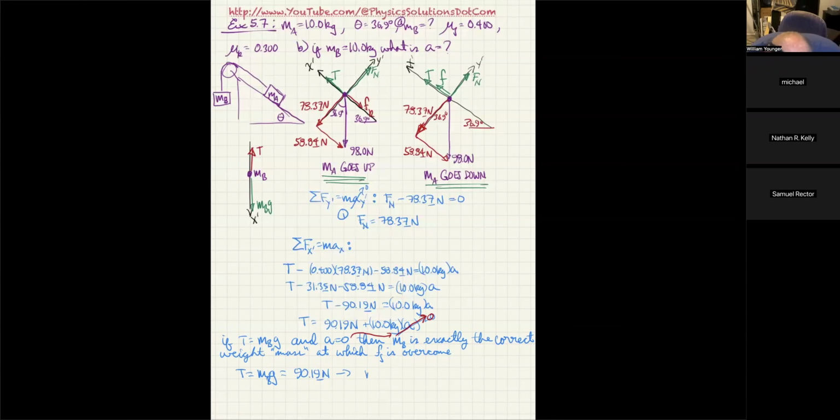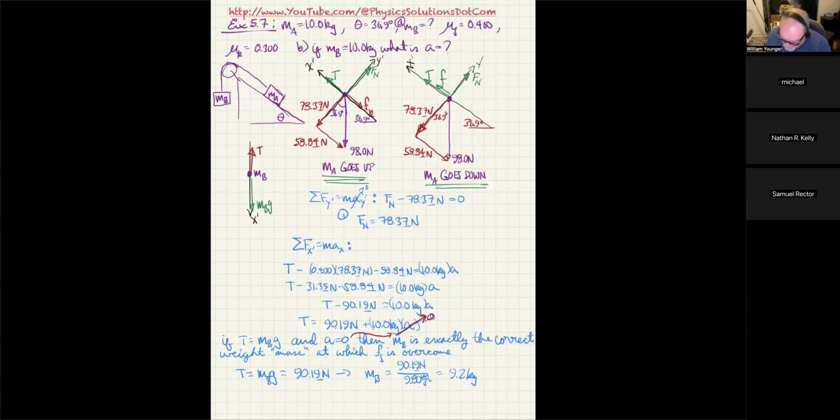Therefore, we can see that mB is equal to 90.19 newtons divided by 9.80 meters per second per second. And lo and behold, we get 9.2 kilograms.